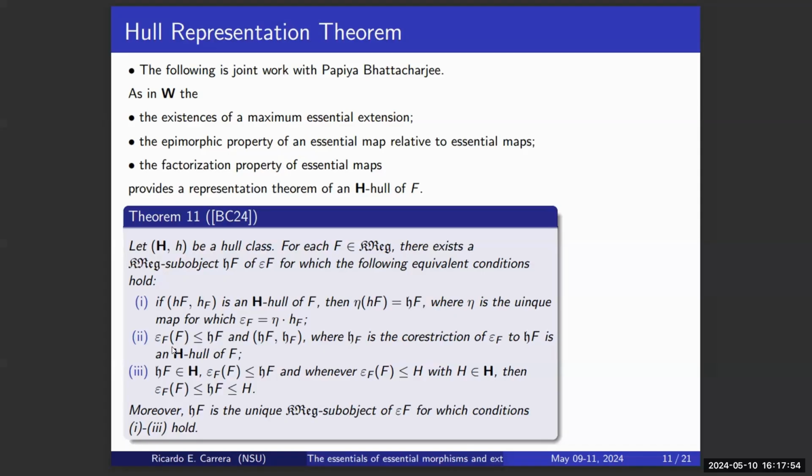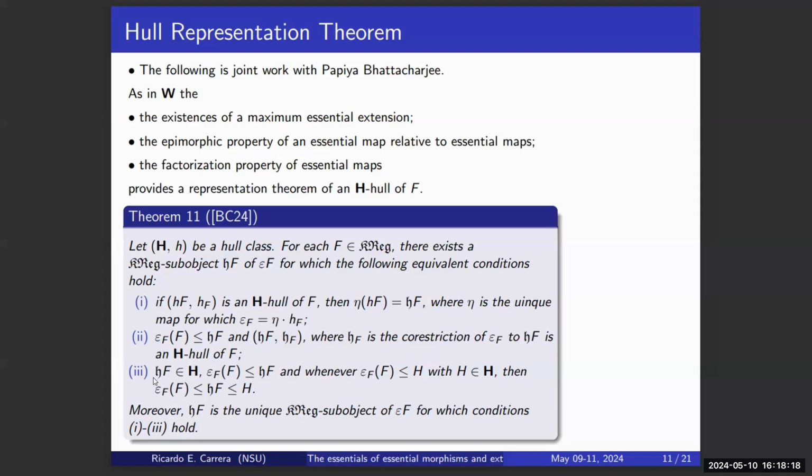The other condition is here. This object has basically the canonical embedding of F in EF as a subobject. Here this denotes inclusion, okay? And so if you take h of F, comma h of F here, where this little map here is the co-restriction of the canonical embedding to this, then in fact this is also going to be another H Hall, okay?